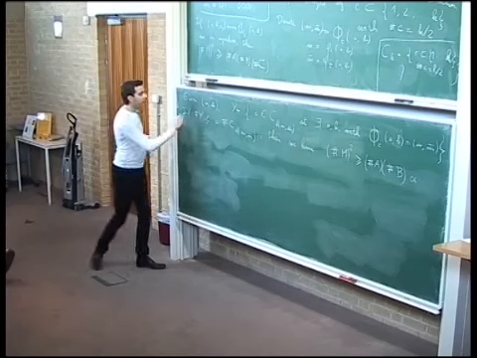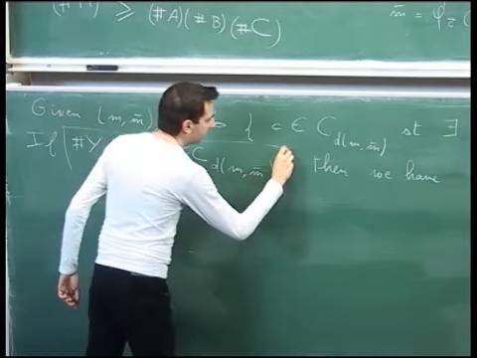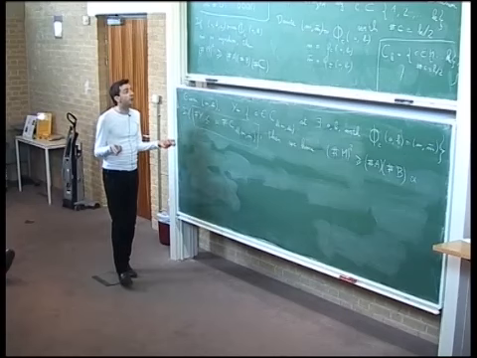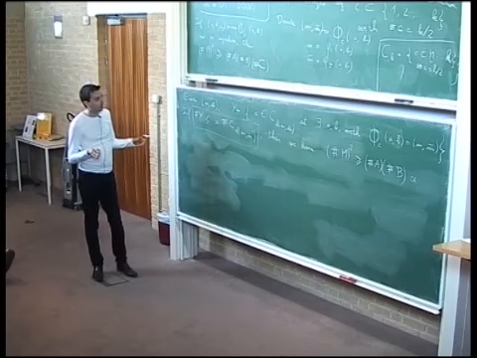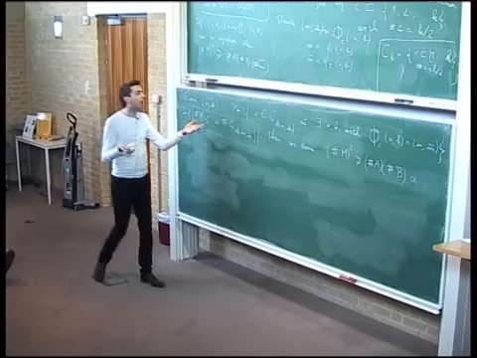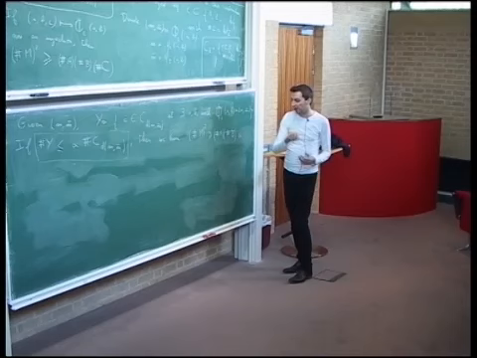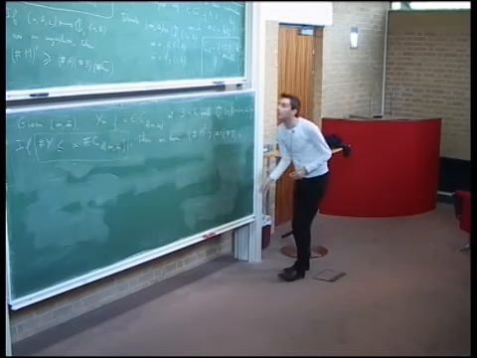So now you have to prove that if you know M and M bar, there are not so many codes C such that M and M bar are obtained from C and some point in A and some point in B.